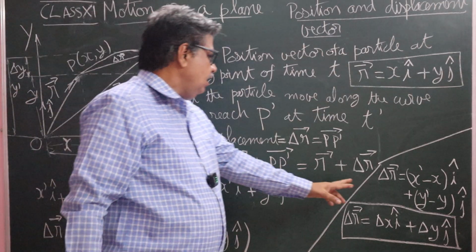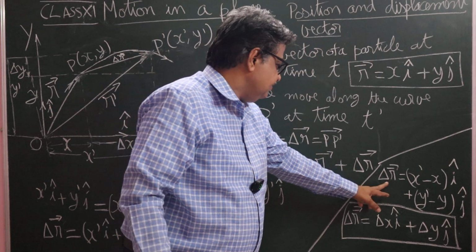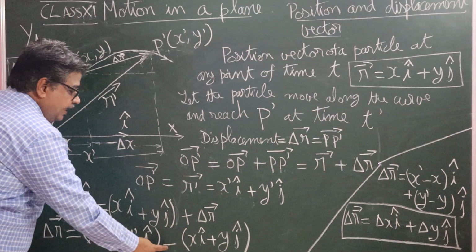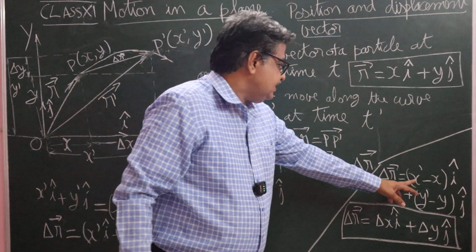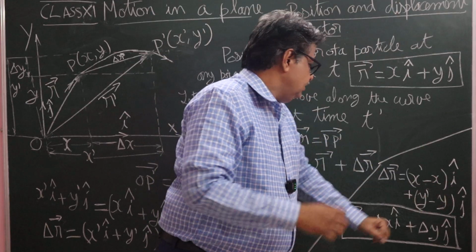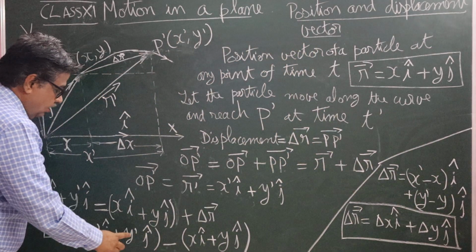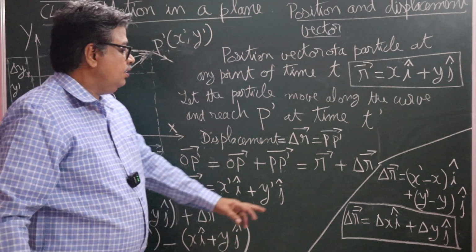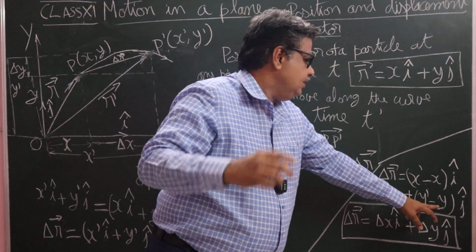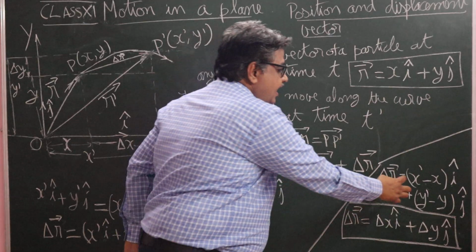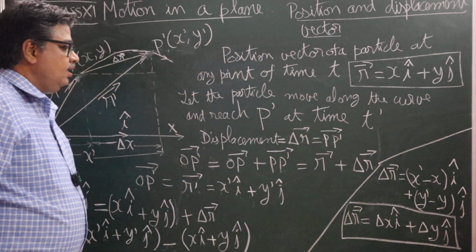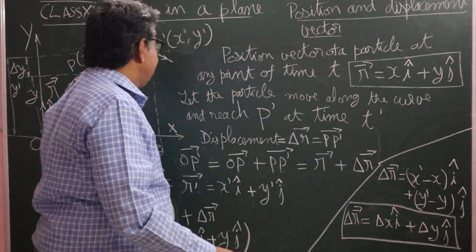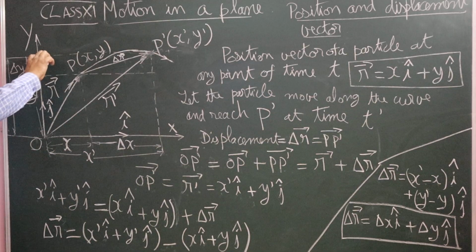Therefore, del r vector, the displacement vector PP dash, equals x dash minus x times I cap plus y dash minus y times j cap. X dash minus x is del x, and y dash minus y is del y.